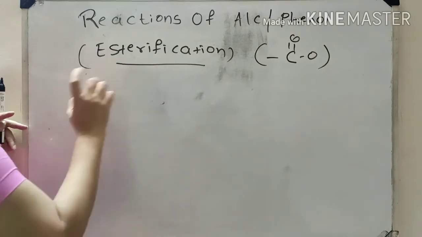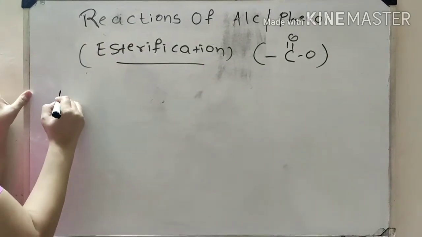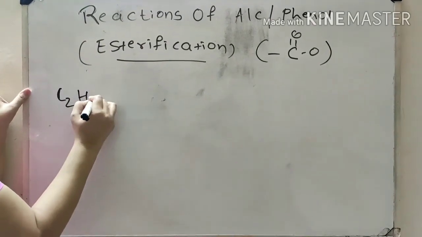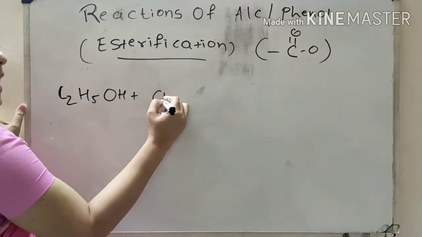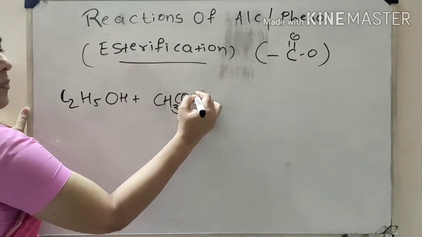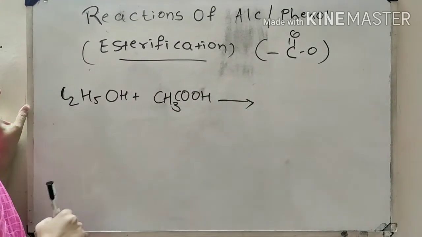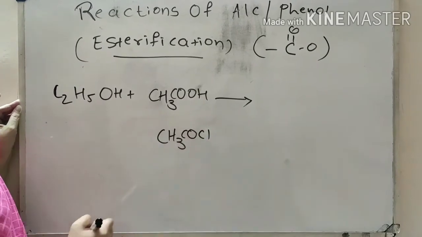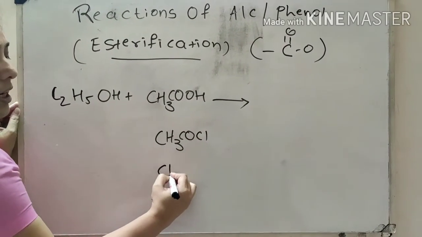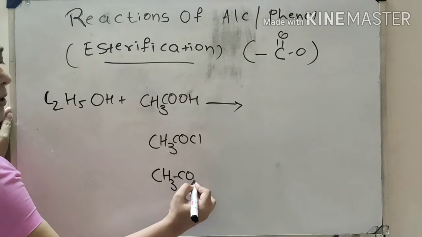Now in the esterification, suppose I take the alcohol C2H5OH. Either it reacts with the acid, or it reacts with acetyl chloride, or it reacts with acetic anhydride.